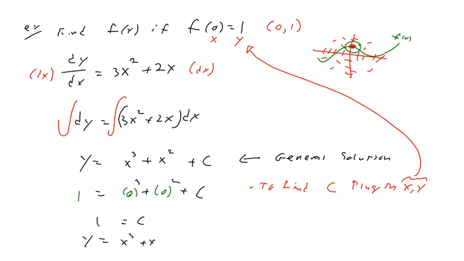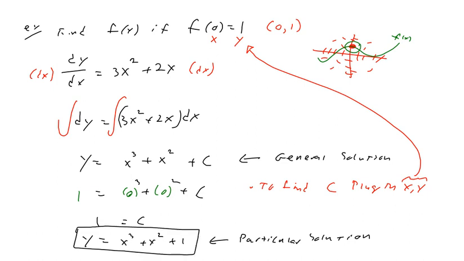This is my particular solution. Where I found a value for c, I have a specific graph now located on my equation. You can do this with any of the equations: once you get the general equation, plug in your x and y to get your specific one.